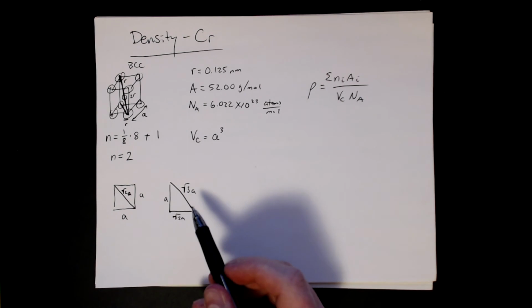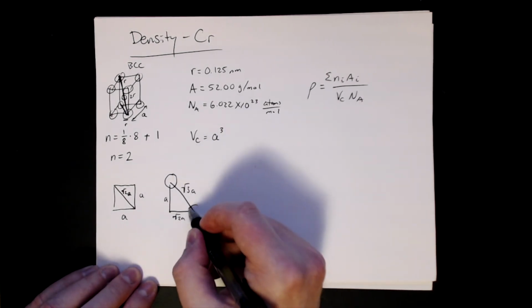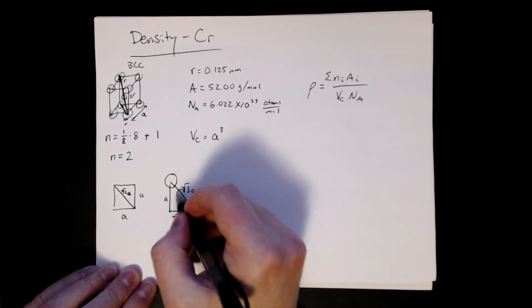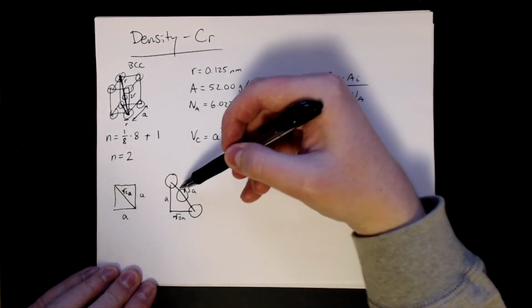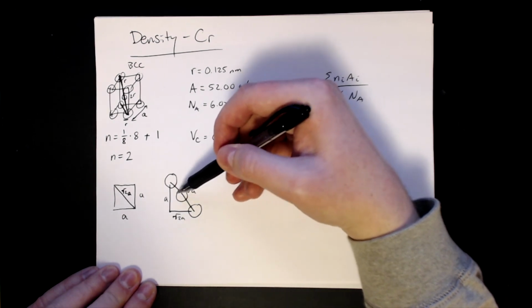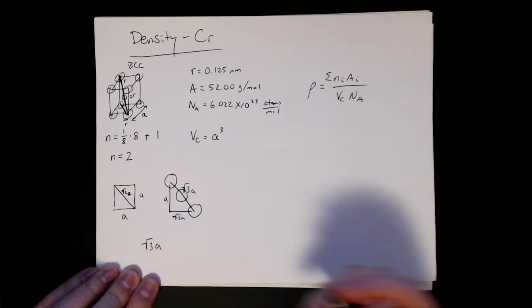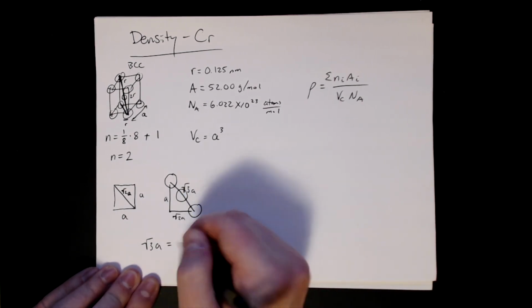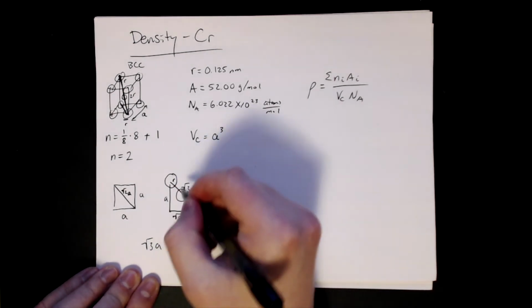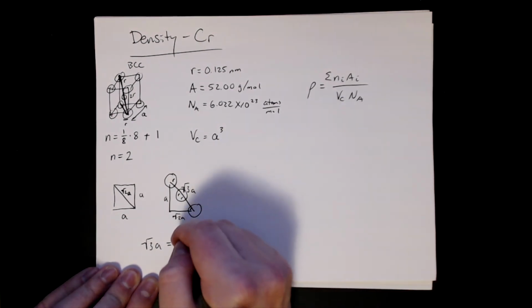The reason this is important is that there's an atom centered here, an atom centered here, and then one in the middle, and even though I drew it badly, there's no empty space. These 3 atoms are touching. So we know square root of 3A is equal to what we saw before, 1R, another, and another down here, so 4R.